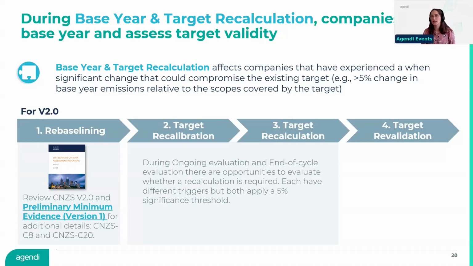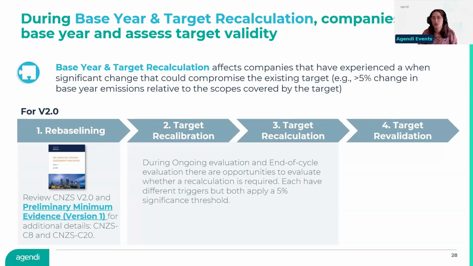So think things like changes in your organizational operational boundaries, like mergers, acquisitions, divestments, changes in your consolidation approach, in the company activities that cause emissions, or maybe might cause it to shift across different scopes or categories. These would need to be addressed within the target cycle during ongoing evaluation.